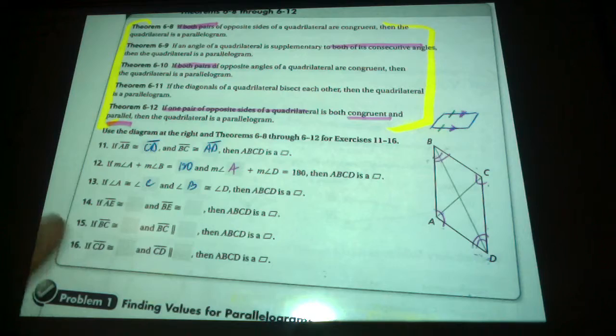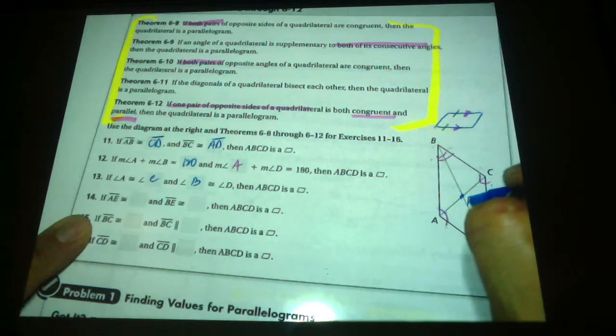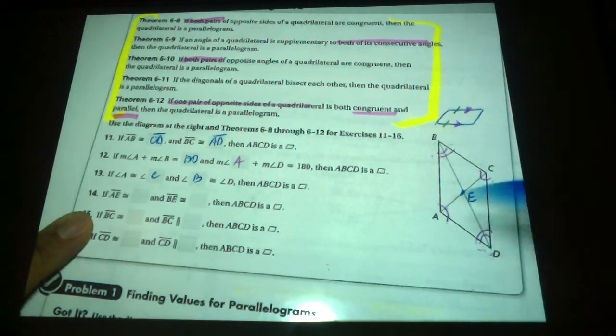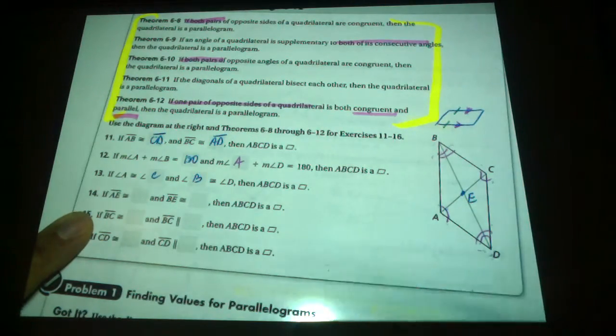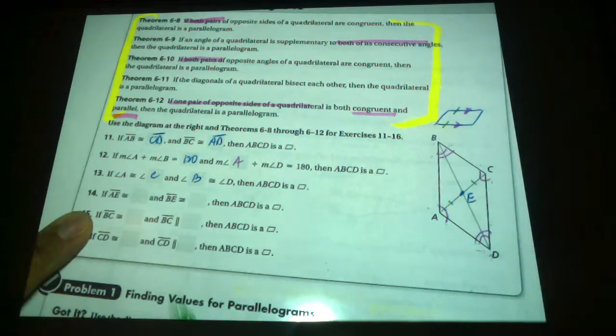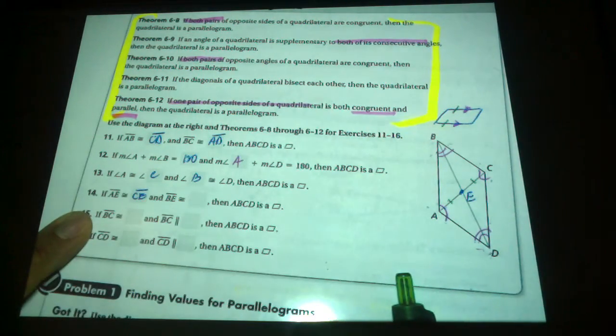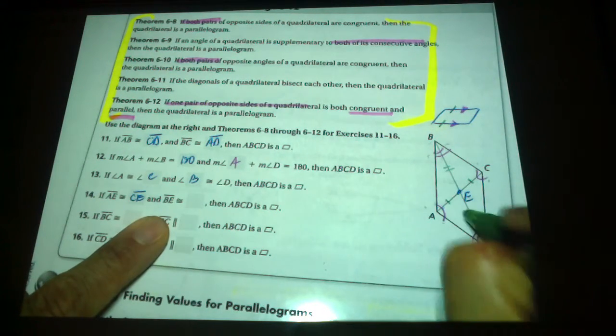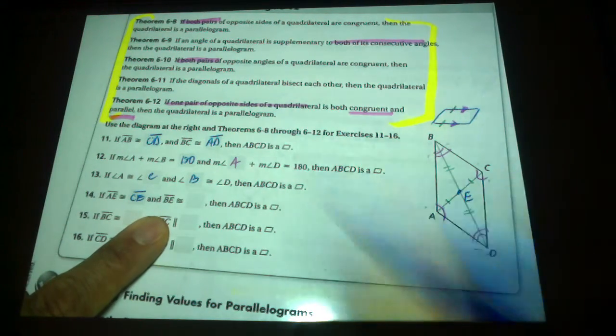Here's a parallelogram. Here's segment AE. Oh, guess what E would be? Add an E in there, please. So segment AE is congruent to what? CE. Segment CE. And segment BE is congruent to segment ED.